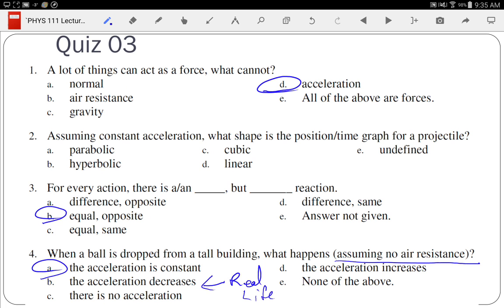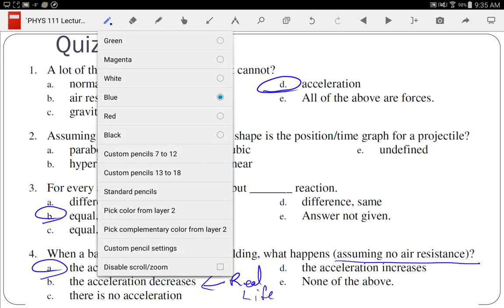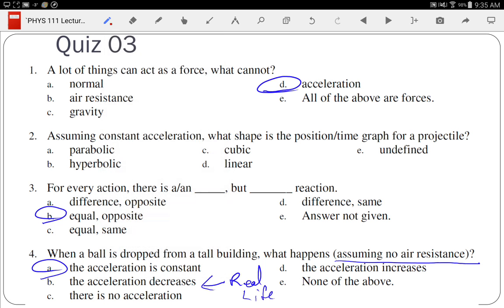But okay. So the one where we didn't have agreement, and in fact, I think there were more people who answered this incorrectly than answered correctly: assuming constant acceleration, what shape is the position-time graph for a projectile?